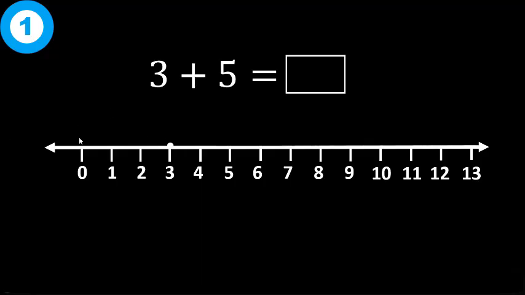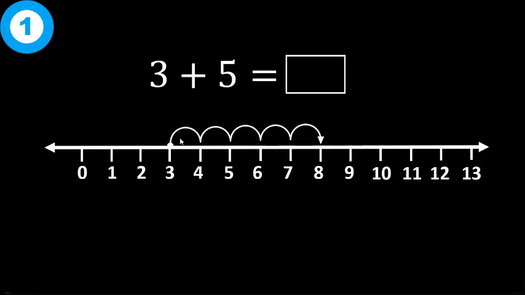So to your right, you realize that as you move, you increase the values. So we have 0, 1, 2, 3, 4, 5, and so on and so forth. So from 3, we are going to count the number of jumps at those definite intervals that will lead us to our answer. So now we have 1, 2, 3, 4, and then 5.